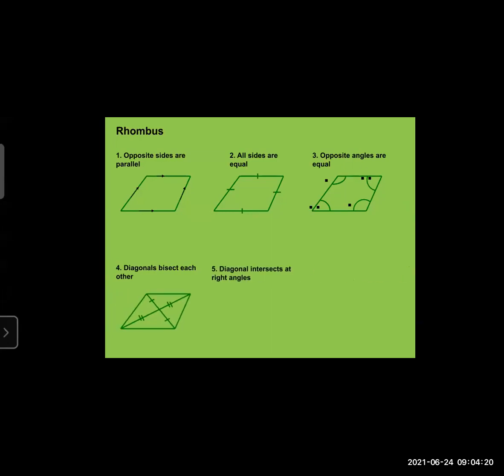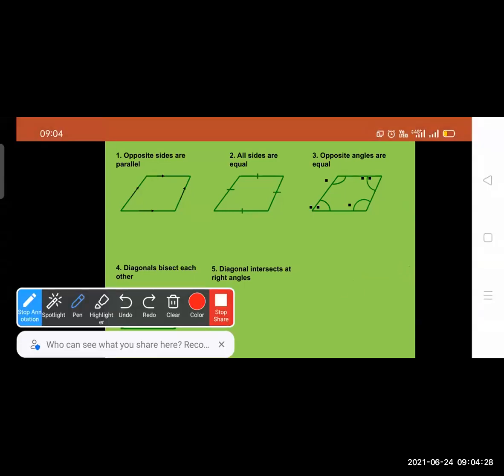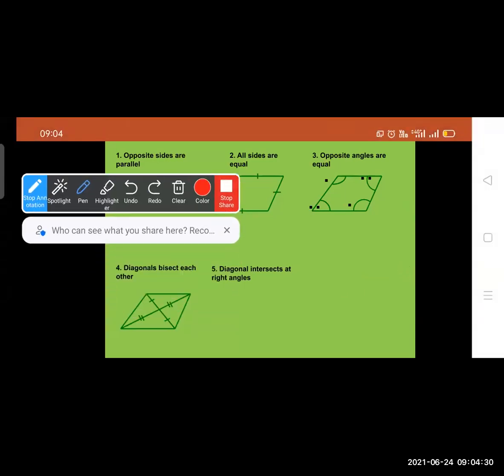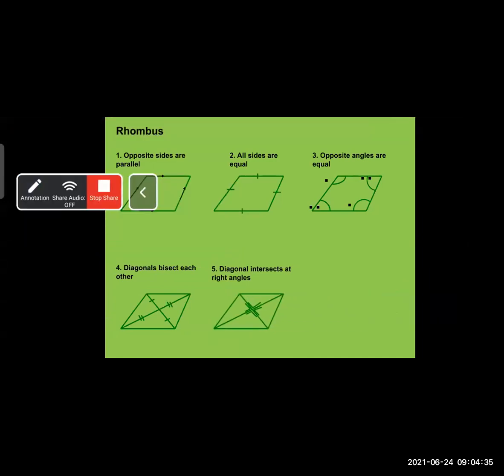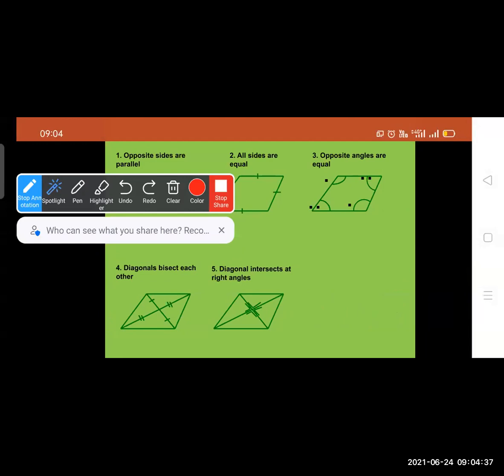Fifth property, diagonals intersect at a right angle, which means they intersect at 90 degrees. See here we see 90 degrees, which means the diagonals bisect each other and make an angle of 90 degrees.